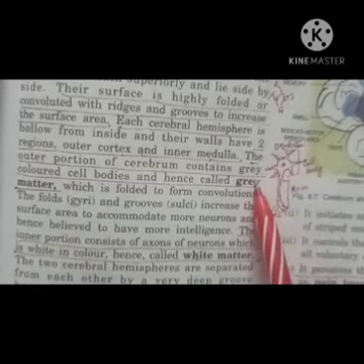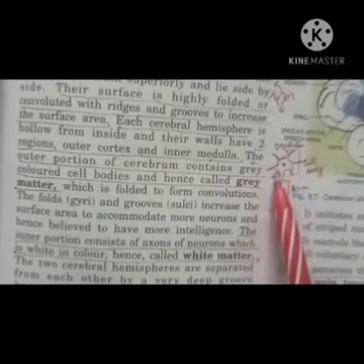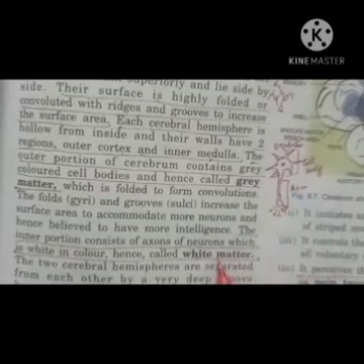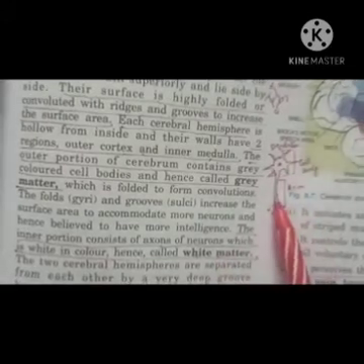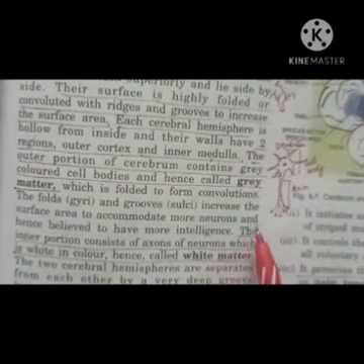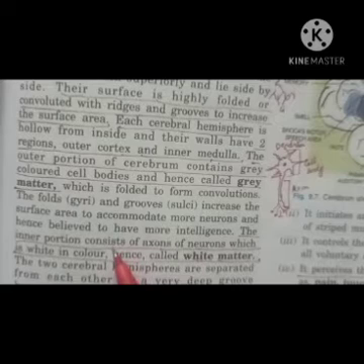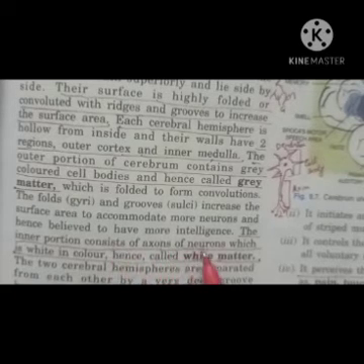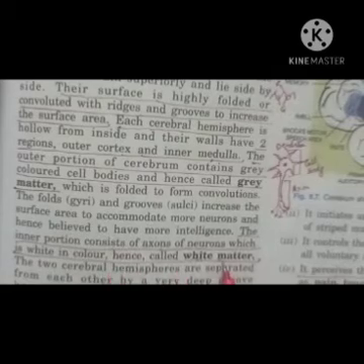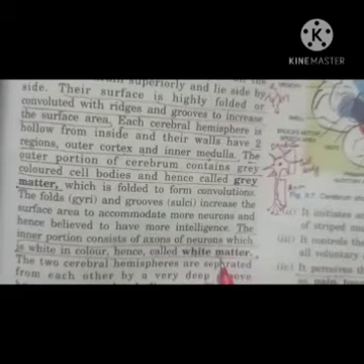The outer gray matter means what is it? Cell bodies of neuron, right? While white matter is the axon part of neuron. Means your inner portion of cerebrum consists of axons of neuron which are white in color, hence it is called what? White matter. Understood?